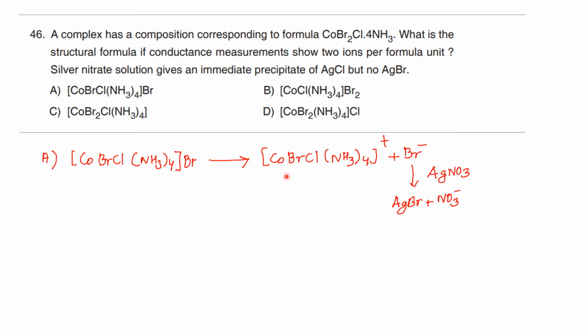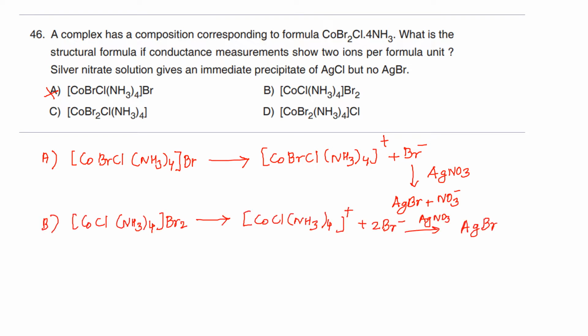So this is the reaction that I was talking about. This is complex A. It ionizes in this particular form: a single positively charged ion and a bromide ion, and this reacts with silver nitrate to form AgBr, not AgCl. So this cannot be the option, and we can rule out option A. Now coming to option B. This is the complex that we are provided with, and it ionizes in this particular form.